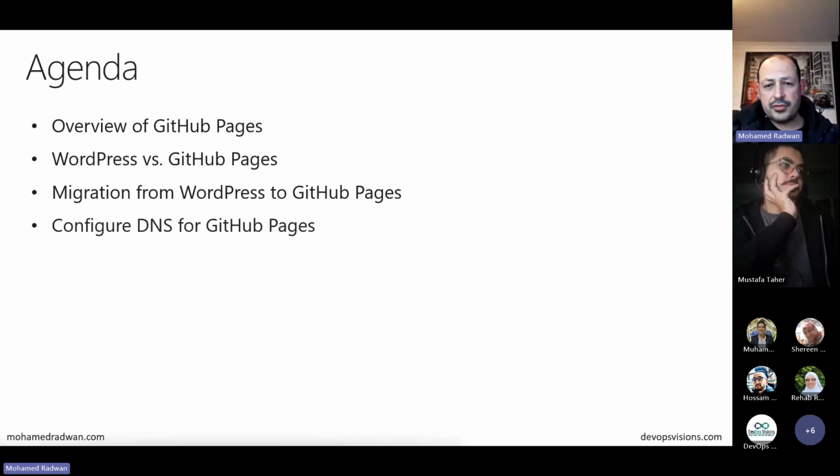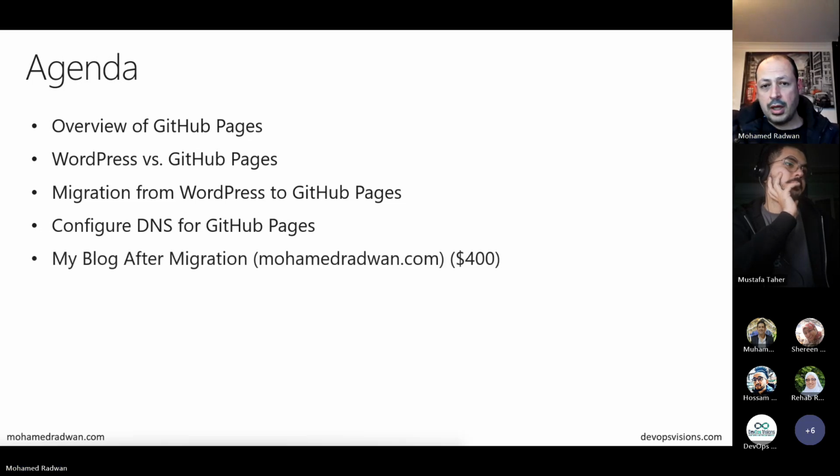And then after the migration, I will start explaining how we can configure the DNS so it can work with GitHub Pages. And then I will give you a quick snapshot from the migration of my blog.